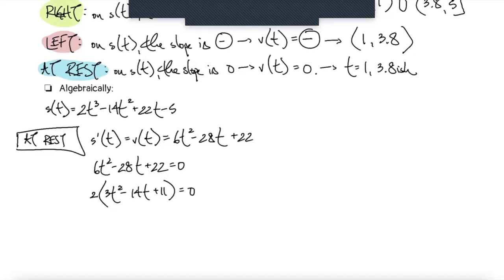Okay, so whatever you feel more comfortable with, but if I had like a 2t out there, it would not be a good idea to divide the 2t away because I would lose a solution. Okay, so in this case, because 2 is only a number, it would be okay to say, let's go ahead and divide both sides by 2.